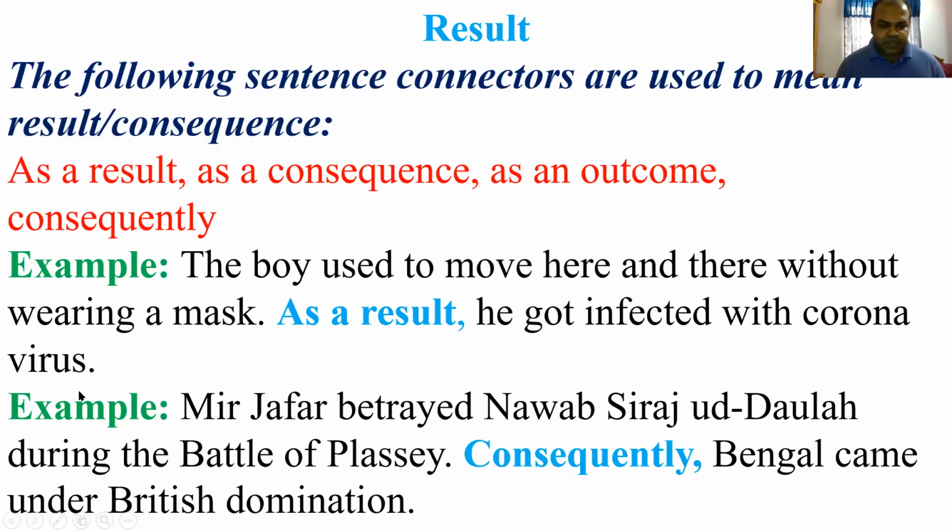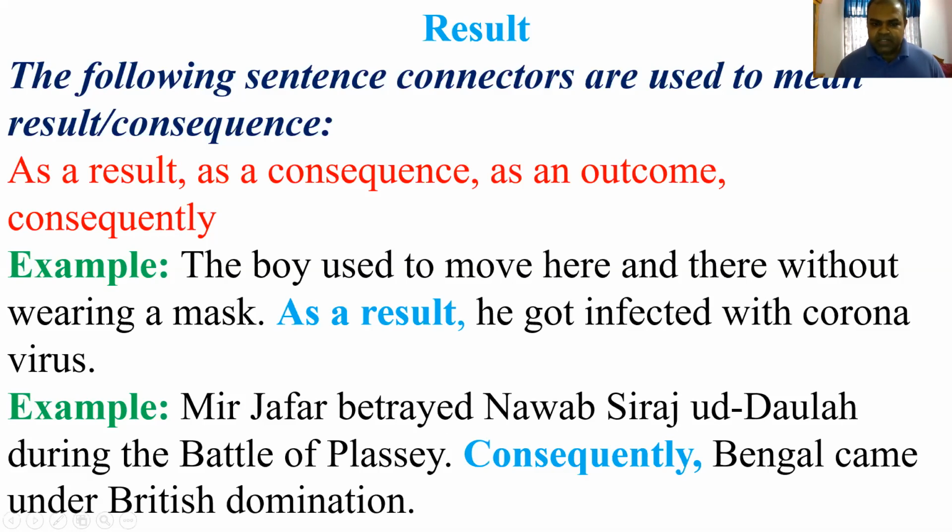There is another example. Mir Jafar betrayed Nawab Siraj-ud-Dowla during the Battle of Palashi. Consequently, Bengal came under British domination. All of us have heard the names of Nawab Siraj-ud-Dowla and Mir Jafar.